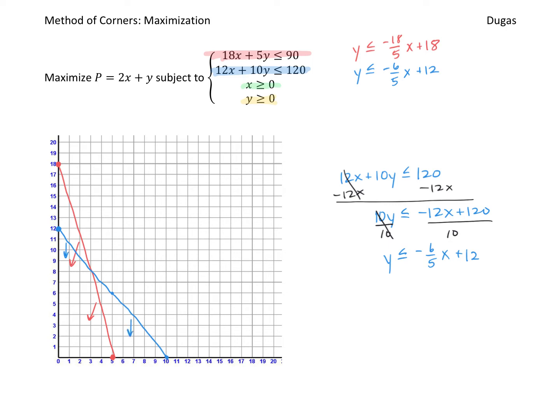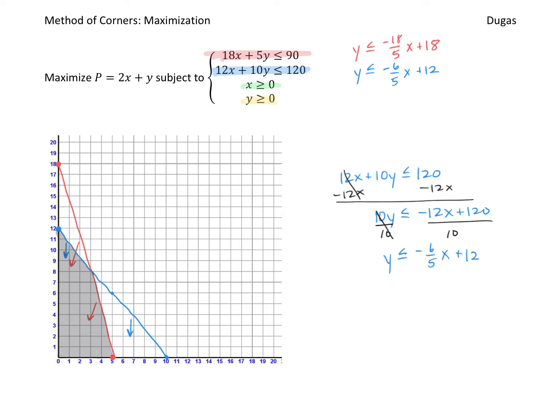So the part that is included in our feasibility region is everything below the blue line and below the red line and above the x-axis and to the right of the y-axis. That is going to be this region that I'm going to color in right here.